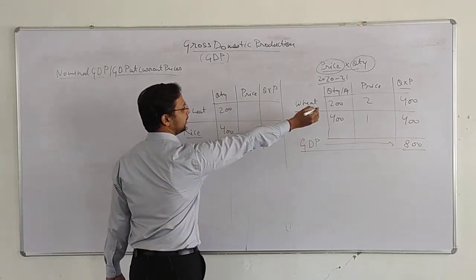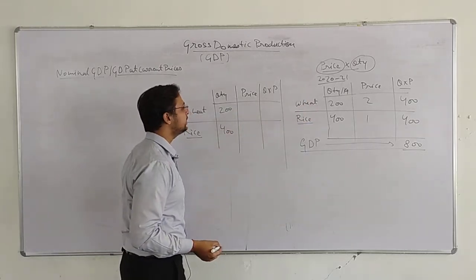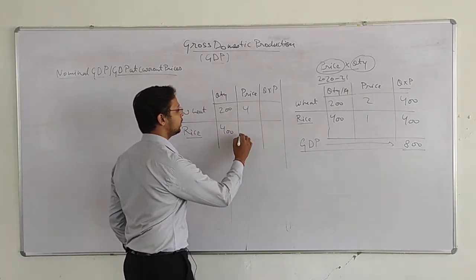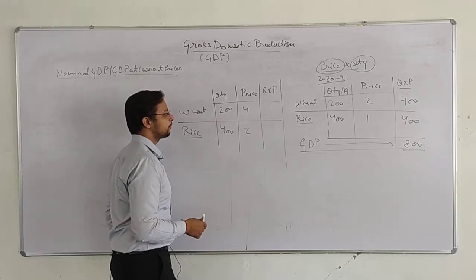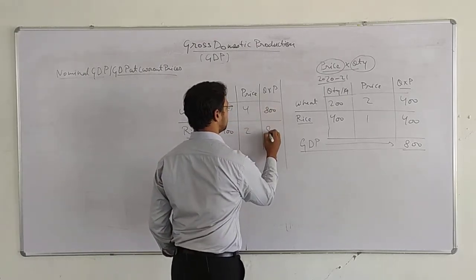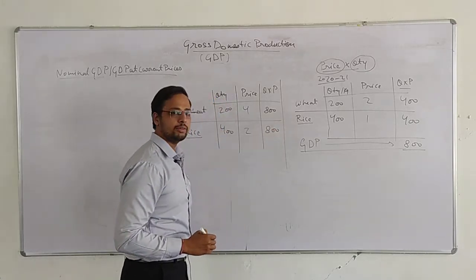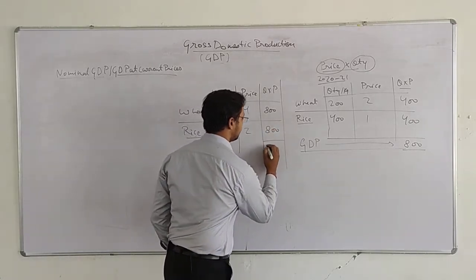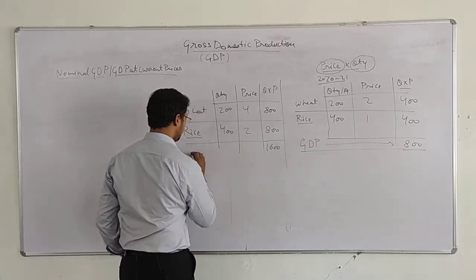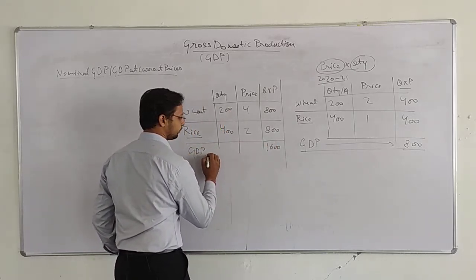Prices, first of all, there is rupees 2 per kg for wheat, so I will change it to 4, and for rice it is 1, so I will make it 2. I am just doubling the figures. Okay. So the quantity times price will be 800, and that will also be 800. Now when I sum it, it will become 1600. Okay. So the GDP changed to 1600.